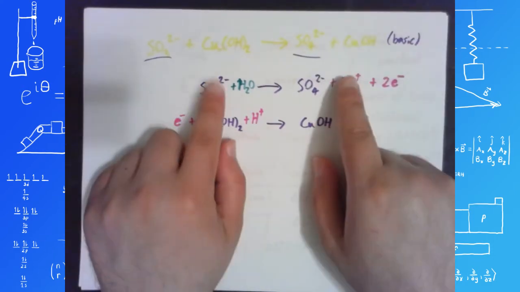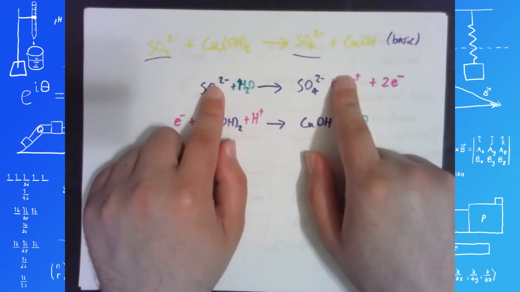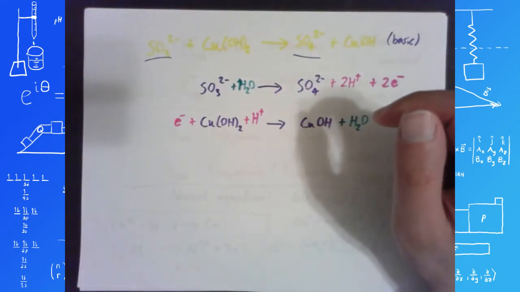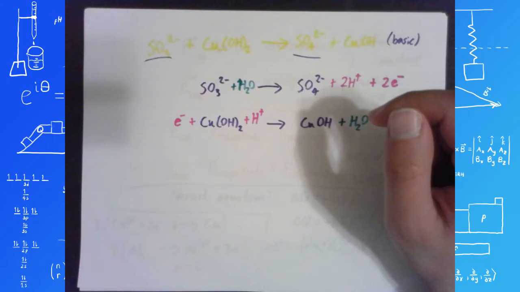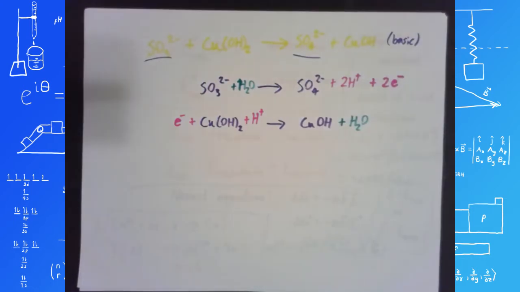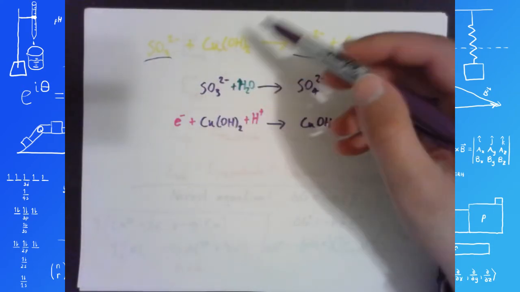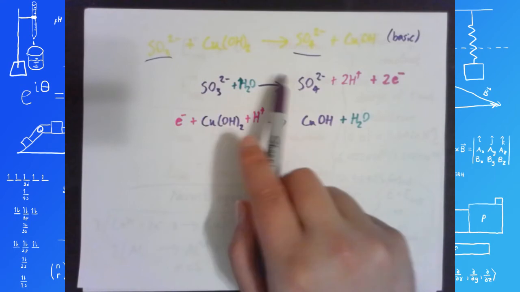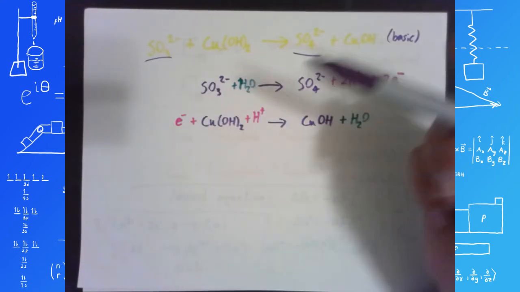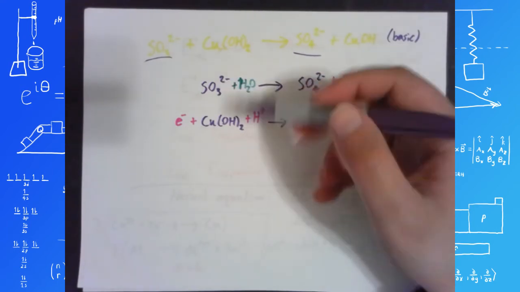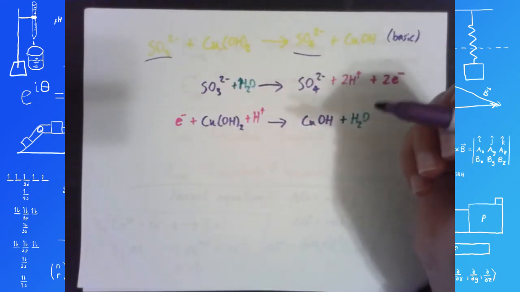I just have to make the left-hand side match the right-hand side in terms of charge for each half reaction, regardless of how much charge it is that ends up on both sides. It just has to match for both sides of each individual half reaction.